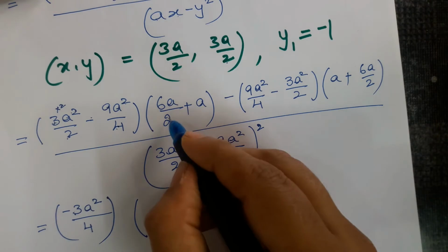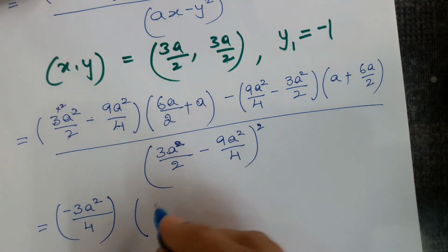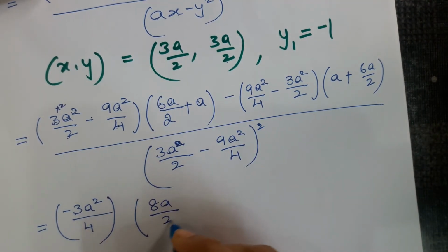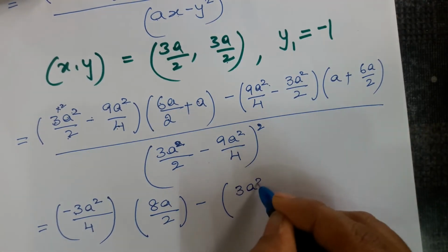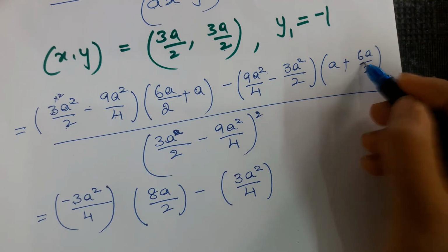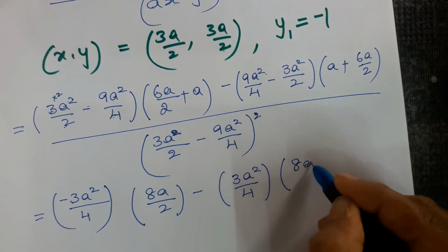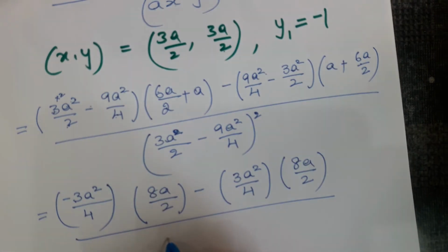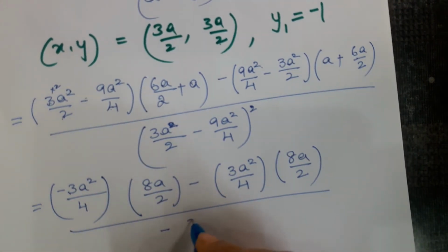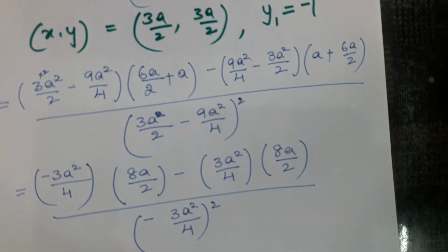And here what I will get? 6 plus 2 is 8a divided by 2, minus 3a square by 4. And here 8a by 2 divided by the denominator I will get minus 3a square by 4 whole square.